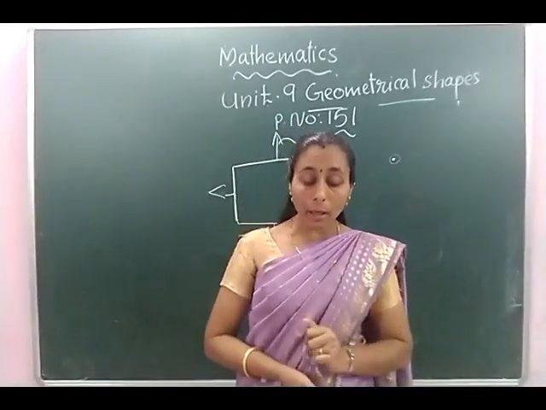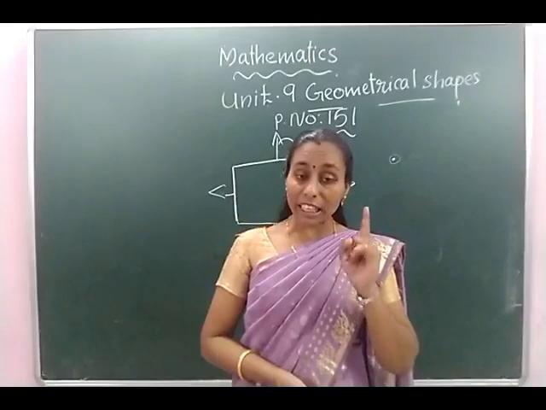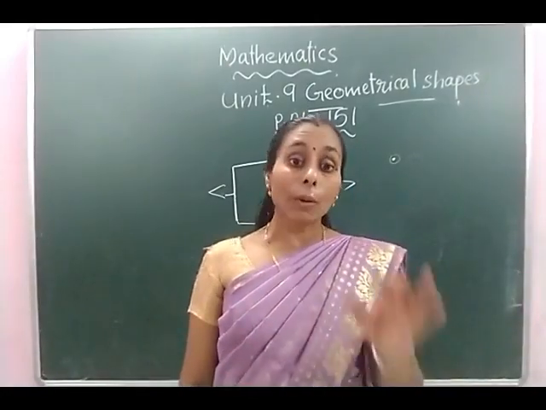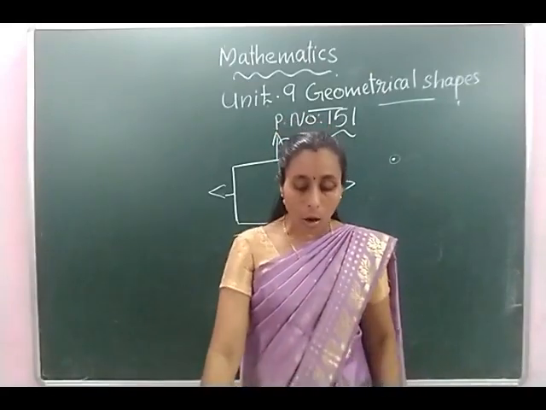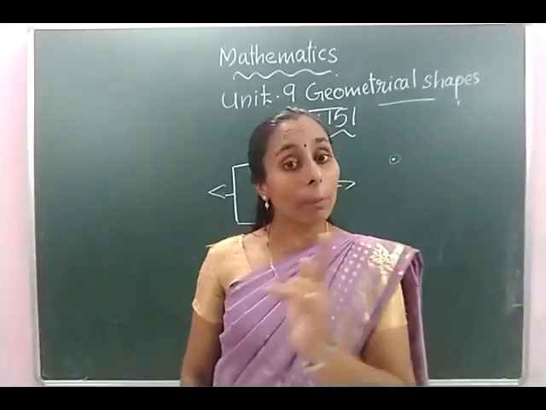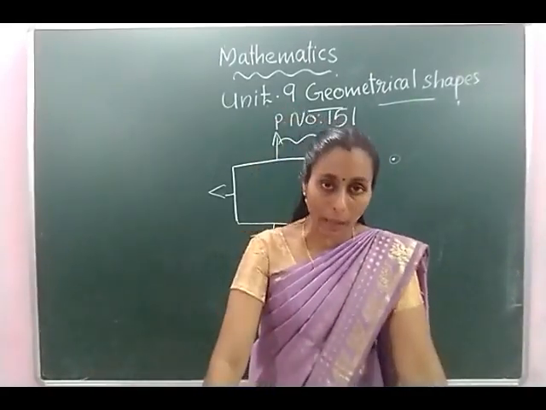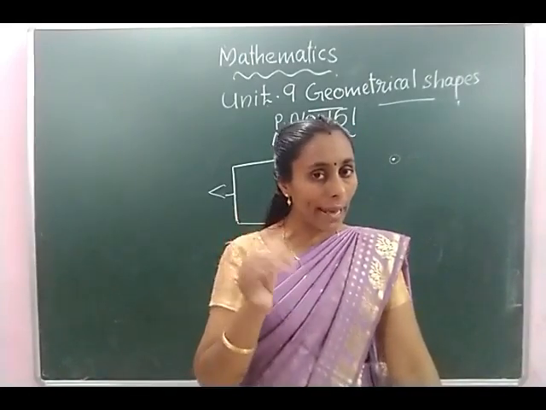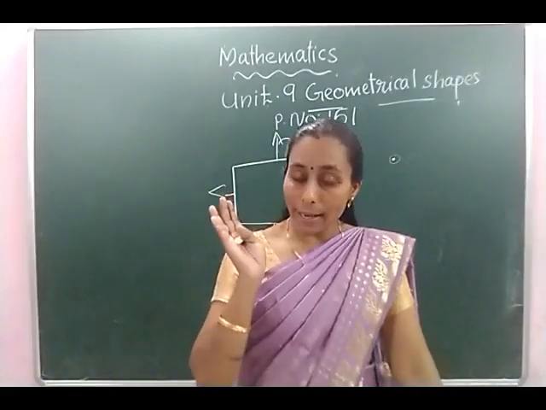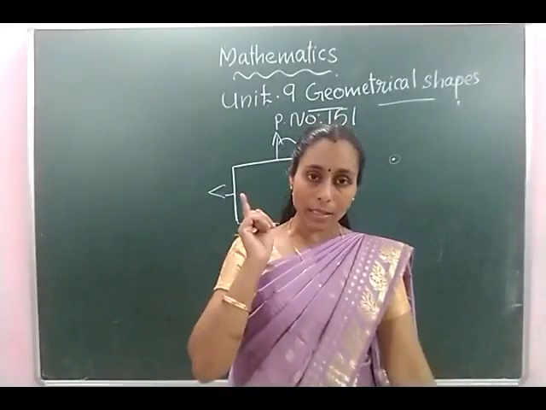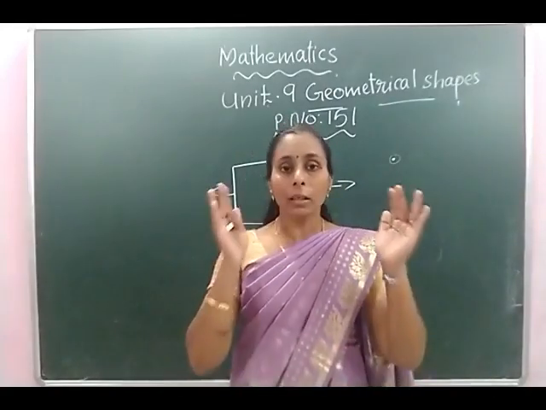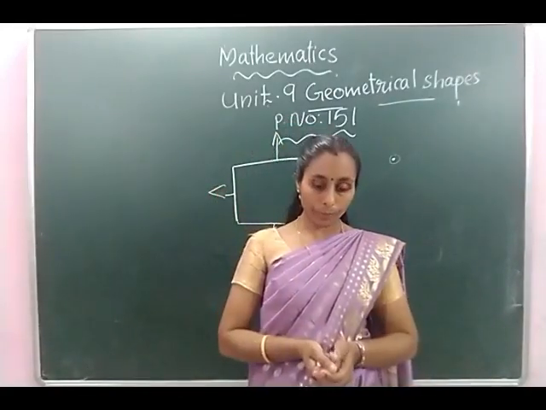So a point is a position in a given space, or a dot represented on a plane surface. Has it length? No. Has it breadth? No. Has it height? No.